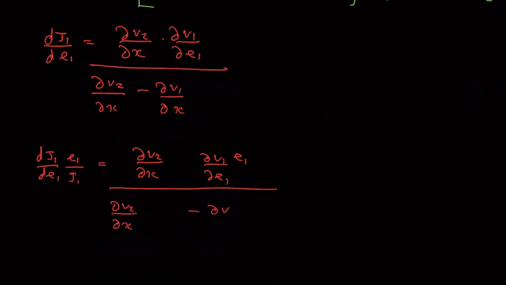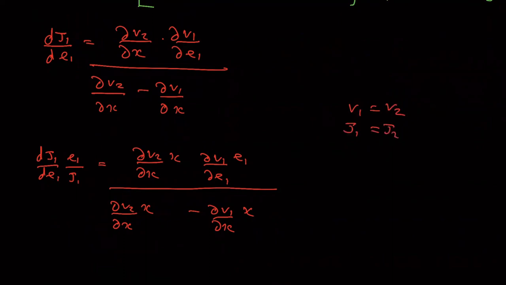And then we've got dv1/dx. I'll multiply top and bottom by x, so that doesn't change anything. And then the other one is the V1, V2. Now, as I said before, V1 equals V2, which is the same as J1 and J2.